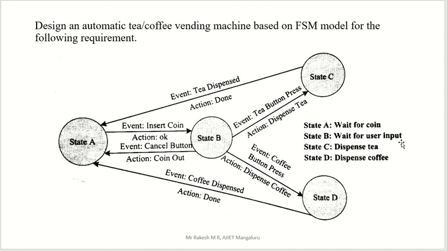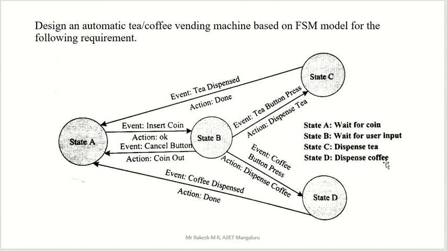Click on tea, then press yes, or click on coffee and press yes. When you do that, immediately you will get your tea or coffee on another side of the machine. So this is the procedure we have in the tea or coffee vending machine.